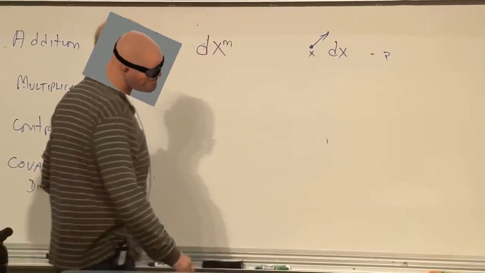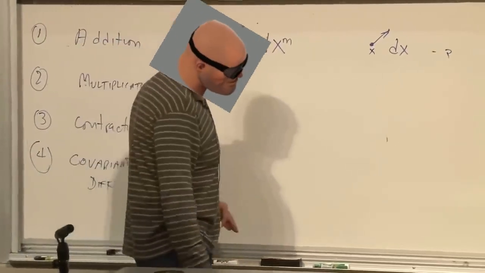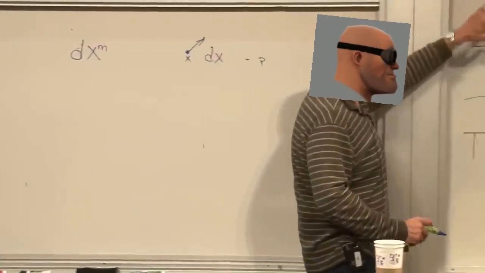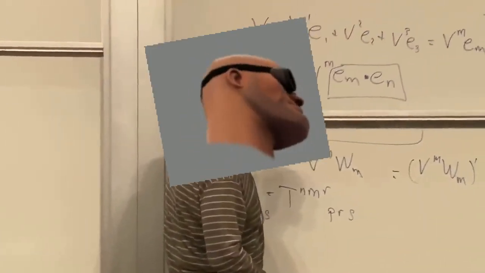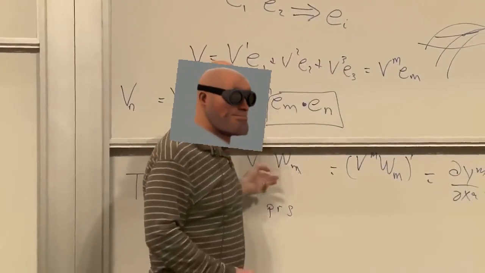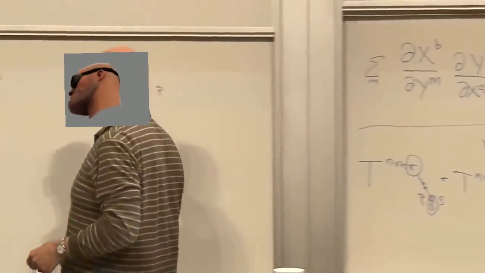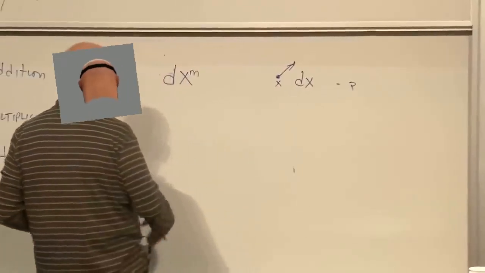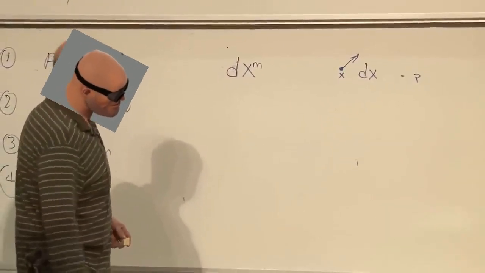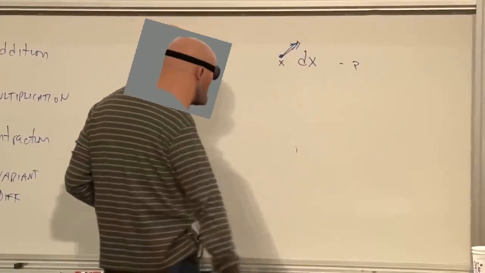It has contravariant components dx^m. If you want to remember what they mean geometrically, they are expansion coefficients in terms of some basis vectors. But it's easier once you get the hang of it just to proceed with the notation. dx^m is the contravariant components of a little displacement vector.